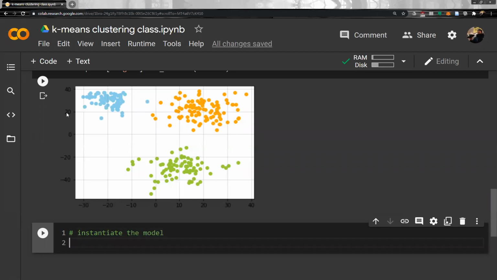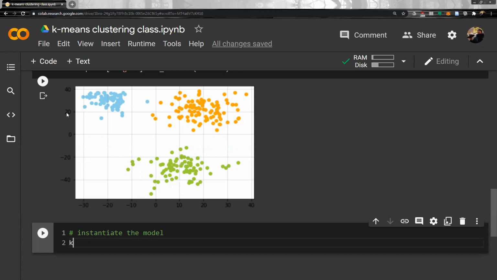Usually we have to do trial and error to see how many clusters we have, but here let's assume that we know the number of clusters, which is the most challenging part for k-means clustering. For this one, let's assume we know the number of clusters, which is 3.